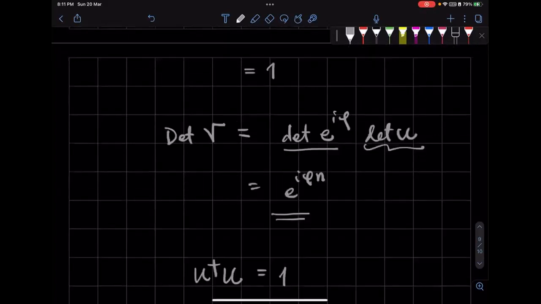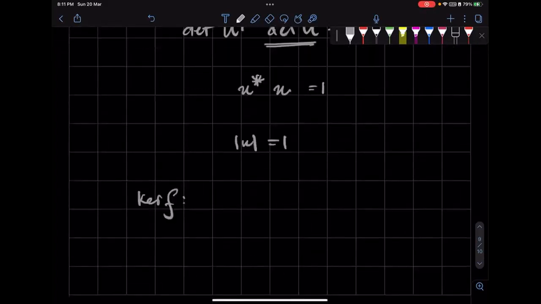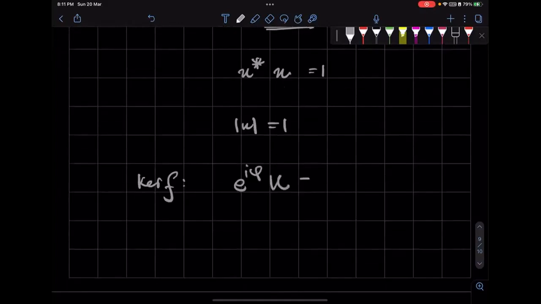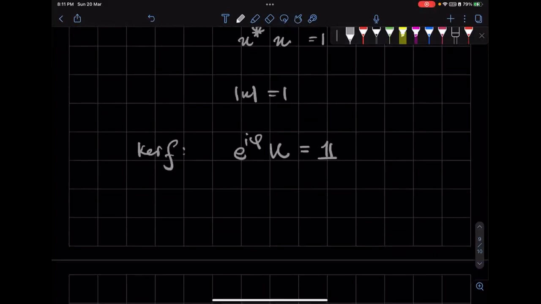Which means that e to the power i phi times U must be the identity. Now, if I take the determinant of this equation, what we find is the determinant of U is the determinant of e to the power minus i phi.